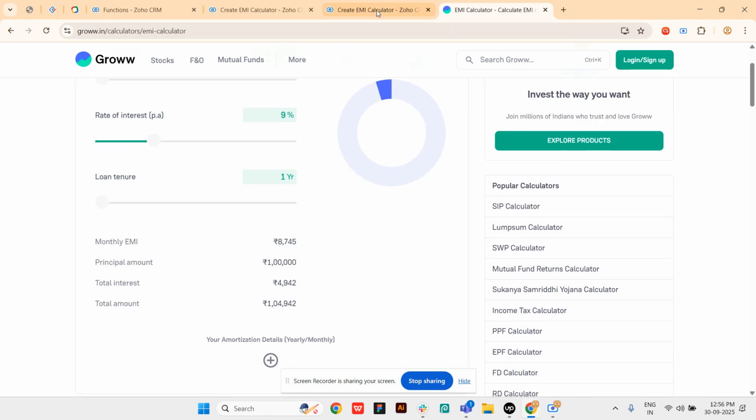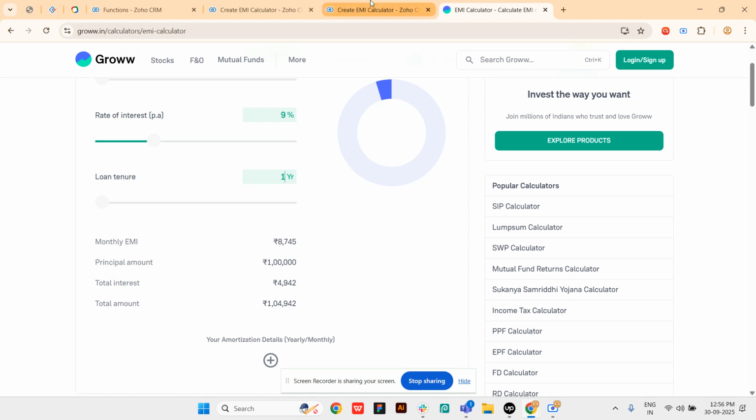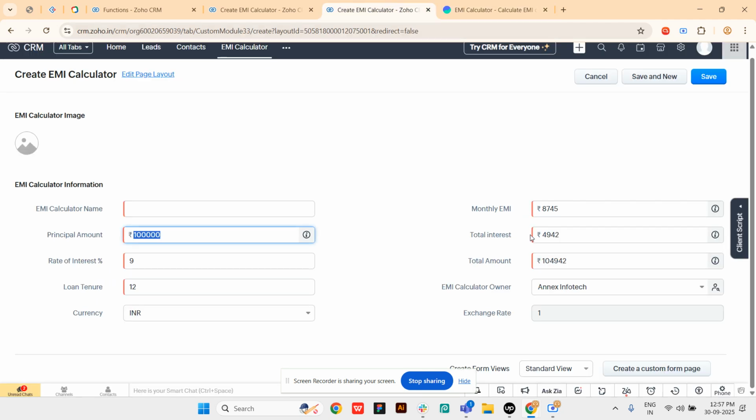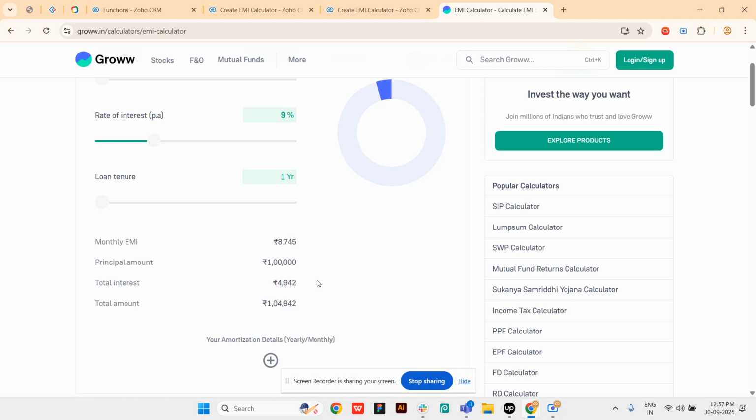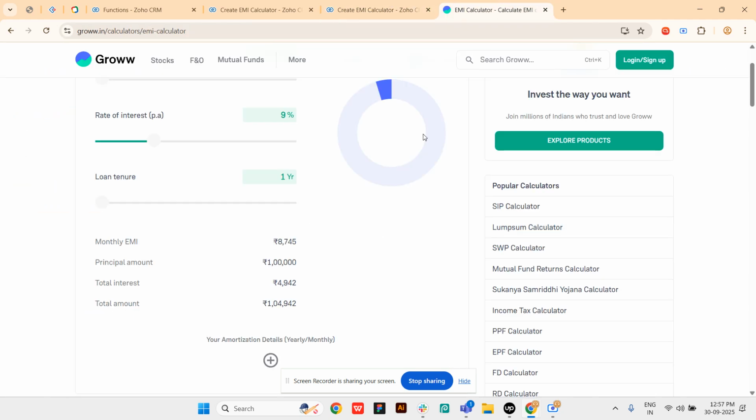So the monthly EMI is 8745, which is similar to this. Our principal amount is, our total interest 4942, and the total amount that comes up is this.